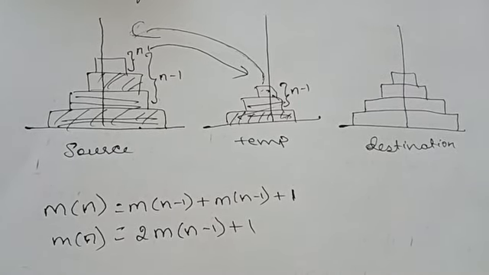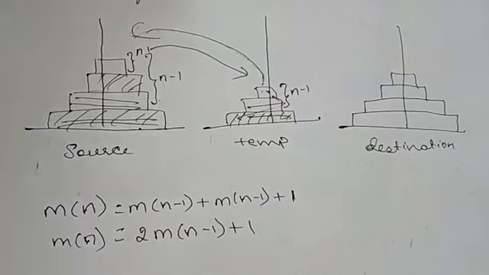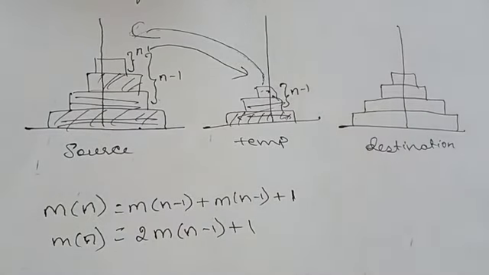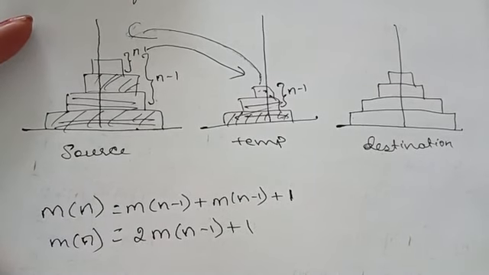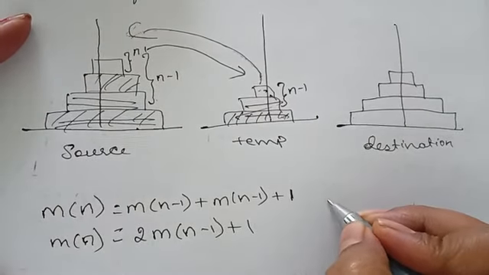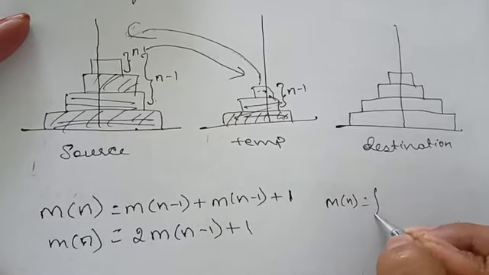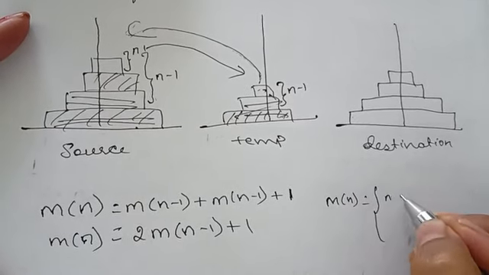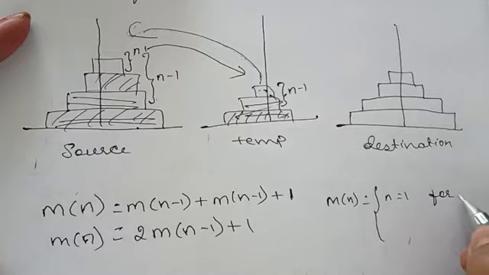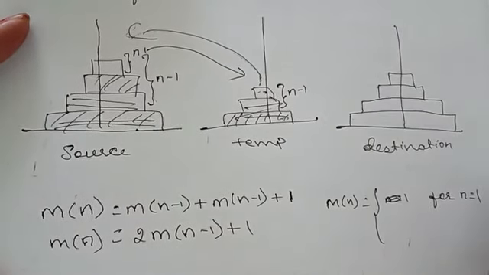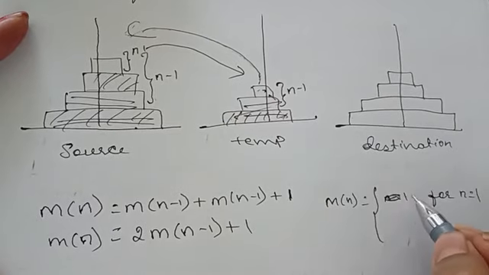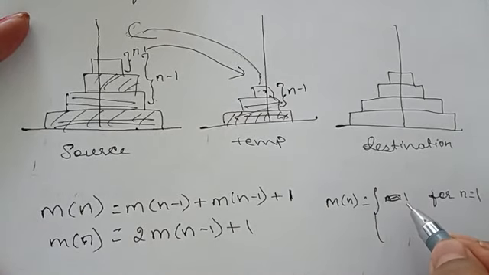So while writing the general plan, what is the initial condition here? If only one disk is present, then M of n is equal to 1 for n equal to 1. That means if only one disk is present you will have only one move.